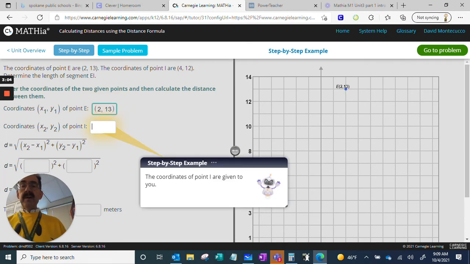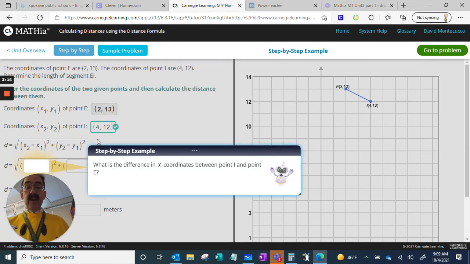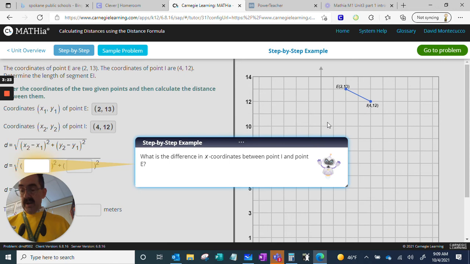And the coordinates of point 2 are 4, 12. So shift 9, 4, 12, enter. Now, we want to find the distance formula, okay? What is the distance between these 2 points? Well, think slope, okay? All we got to do is think slope, the rise over the run, okay?